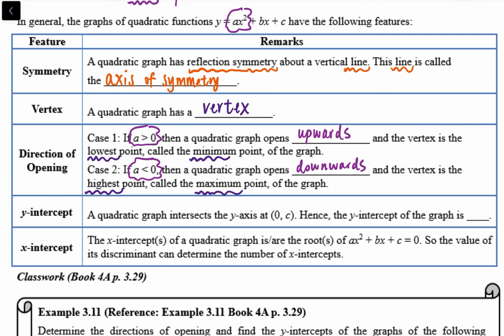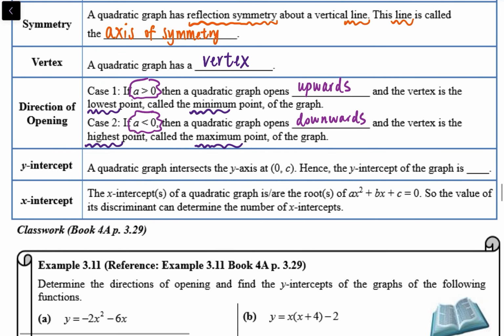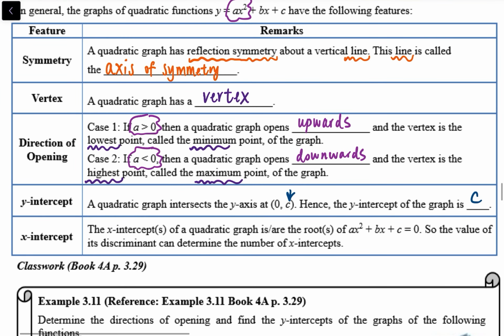Just now, we also talked about the y-intercept. The y-intercept of the graph would be c, which comes from here. This one is the y-intercept.